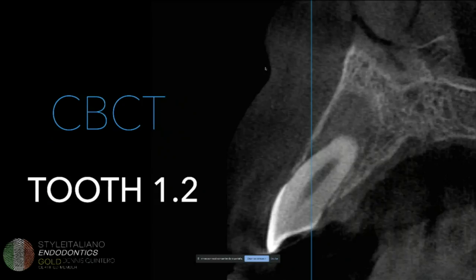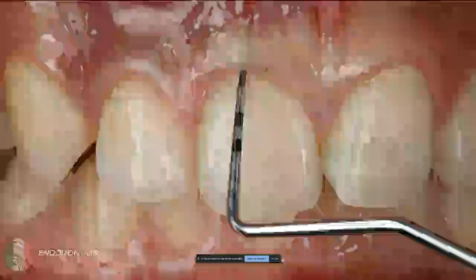Okay, the treatment plan that I made on this case for 1.2 was to do an endo treatment, just a normal endo treatment, to try to save this tooth.